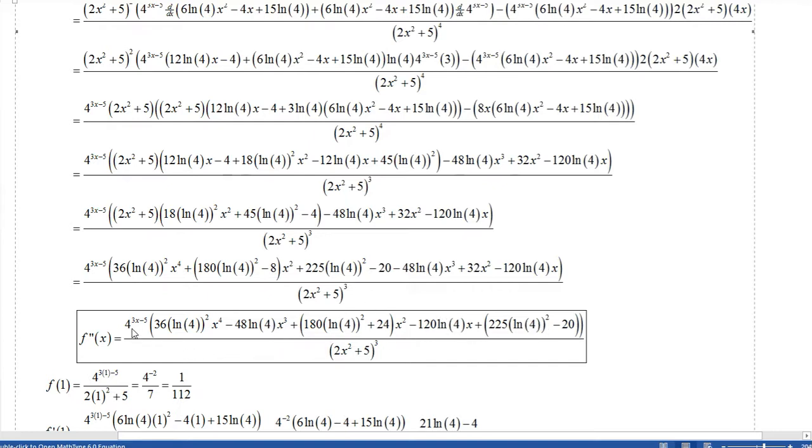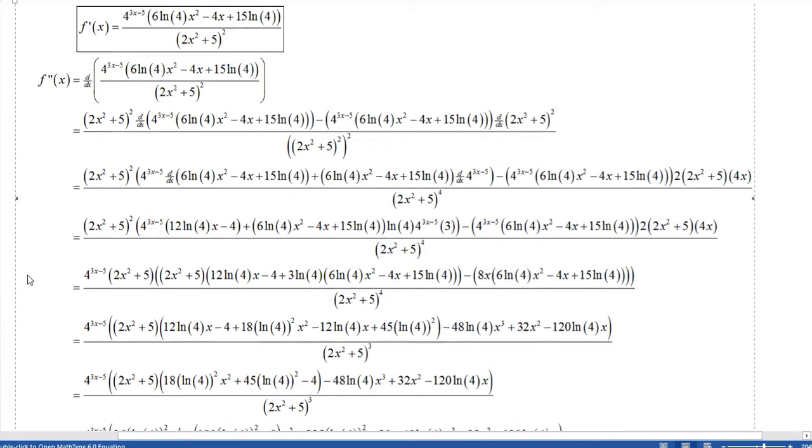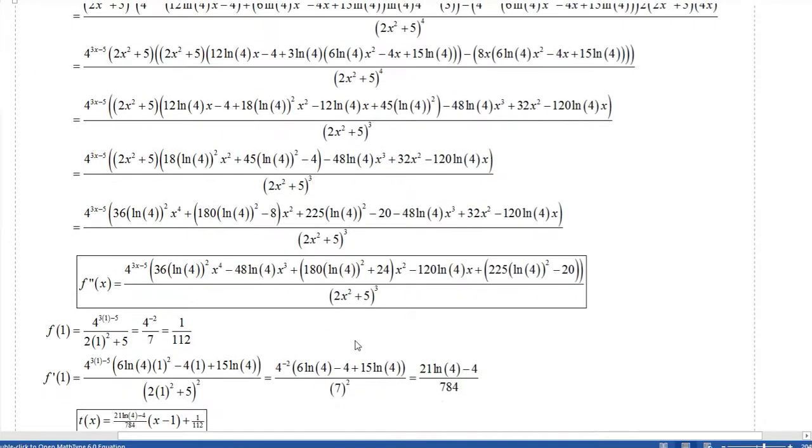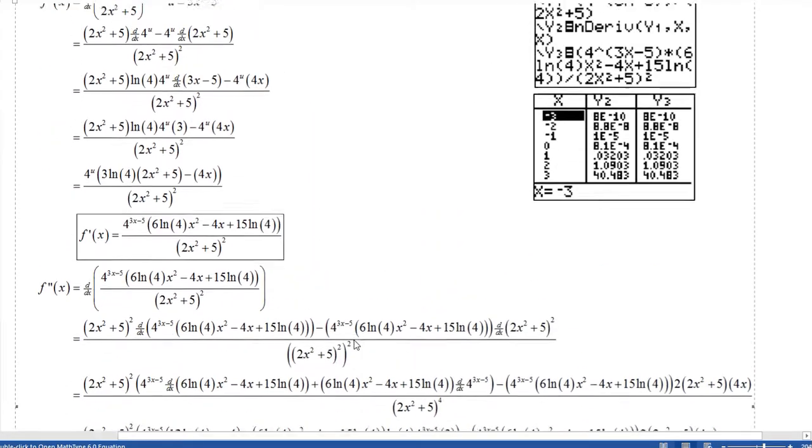And then we still got our exponential in the numerator, and we still got this same denominator we had before, but this time it's to the 3rd power in the end. Alright, kind of messy for the second derivative. Several of these problems, the second derivatives are a little messy. I designed all these problems to give us some interesting challenges for the first derivative, and as a result, sometimes the second derivative's got to be a little bit challenging.